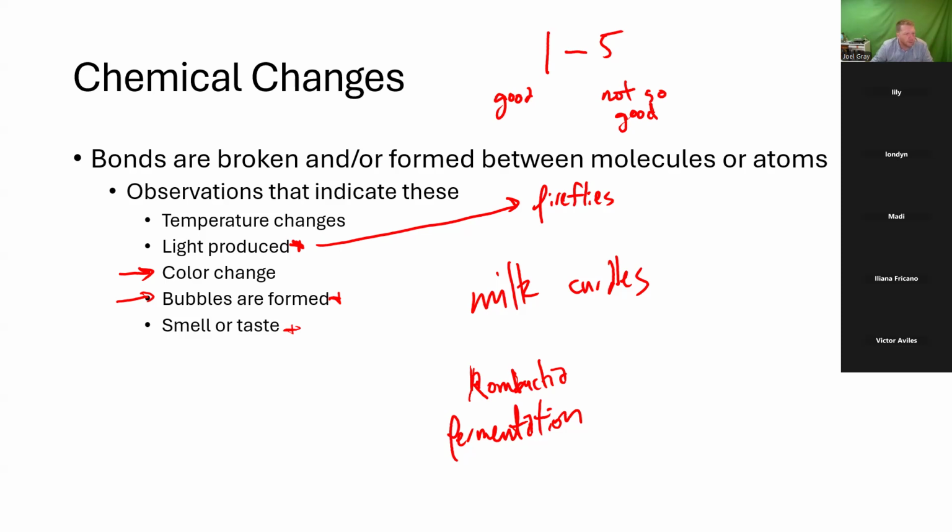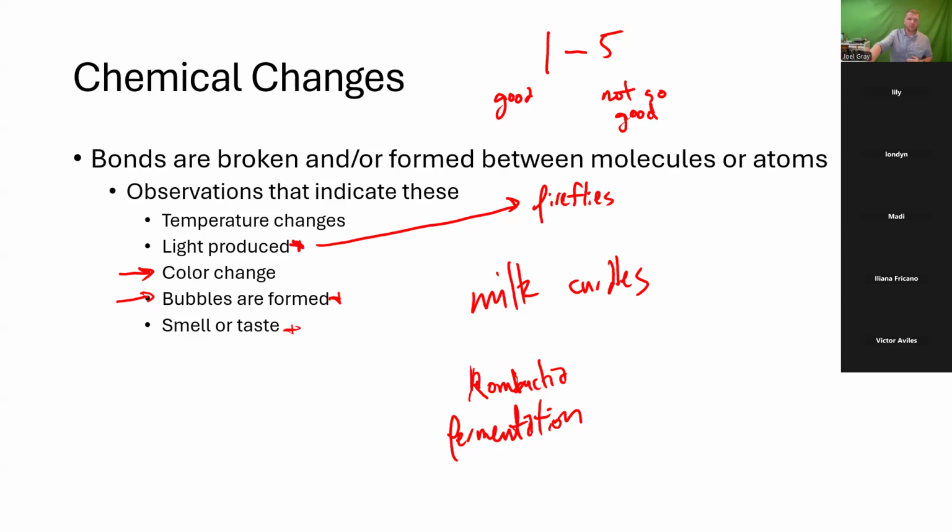Now, with that said, give me a Y or an N. Do you think that you could write your own multiple choice question about a physical or chemical change? The sort of question you should expect would be something like, here's an example, this thing has taken place.